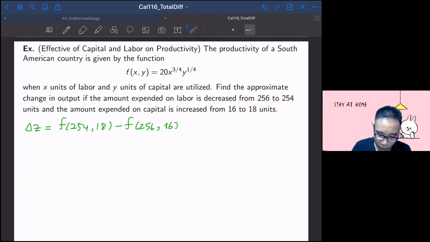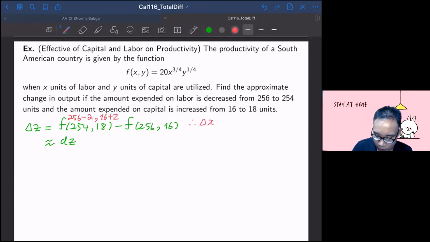Okay, so in this case, you'd like to find this, and this will be approximated by using dz. And you see also that this one is 256 minus 2, and you have 16 plus 2.